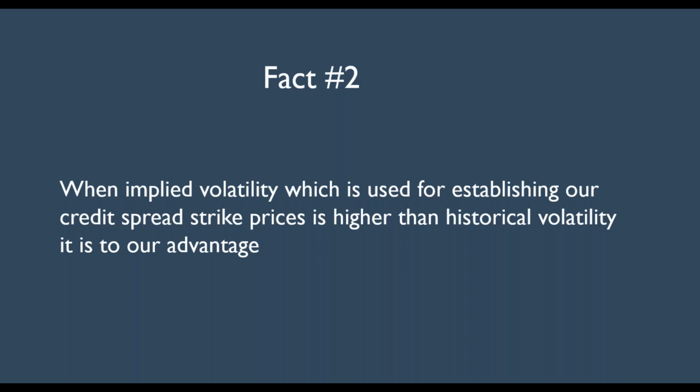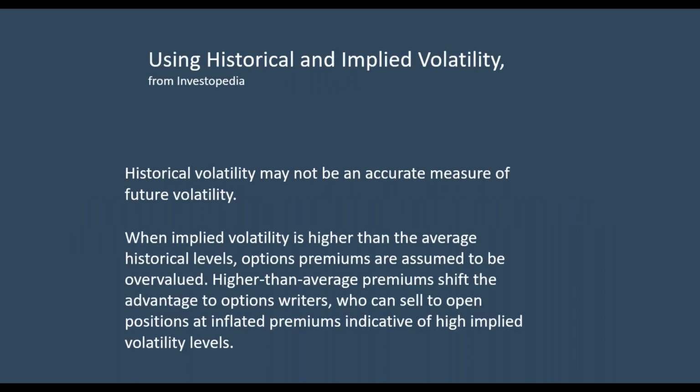Fact number 2, when implied volatility, which is used to establish our credit spread strike prices, is higher than historical volatility, it's in our advantage. And this comes from Investopedia.